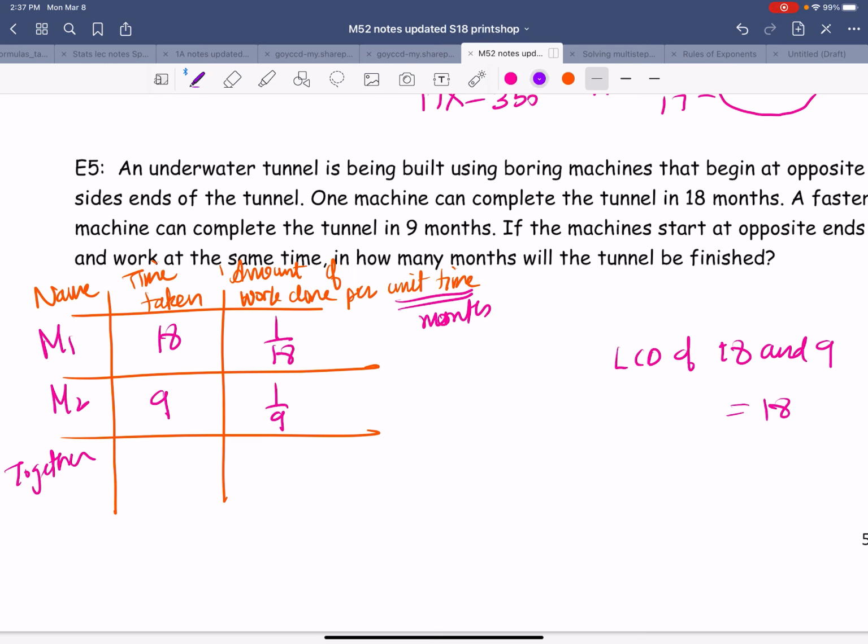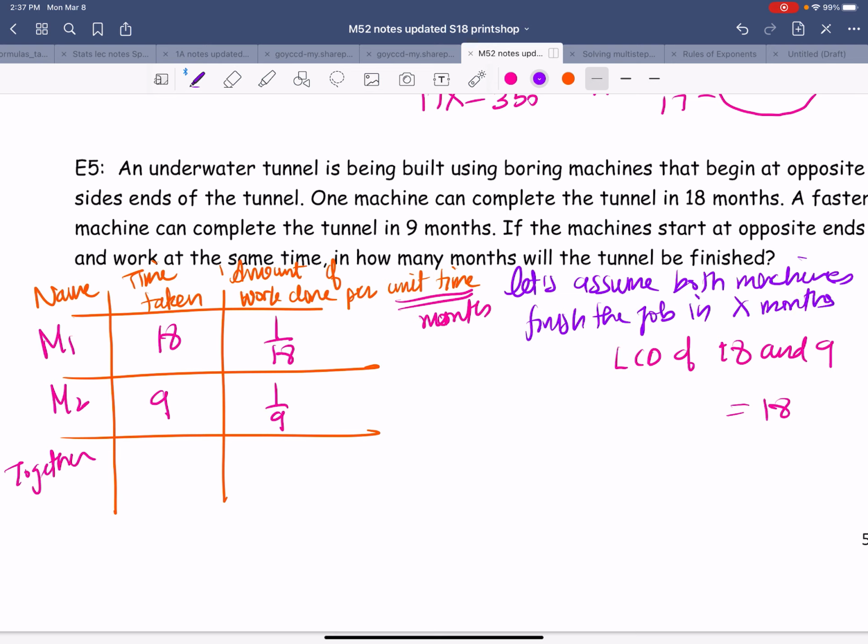And we don't know how long they take together, so let's assume both machines, when working together, finish the job in X months. We would just assume that they take X months together. So together they will be doing 1/x of the job per month.